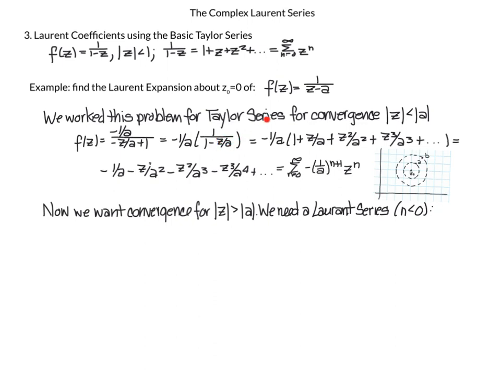And because it's greater than 1, we can no longer use this basic Taylor series because this series has a singularity at 1. And for a Taylor series, we need to stay inside the radius of convergence. And that would require absolute value of z to be less than 1. So we need to do something else to get our Laurent series.